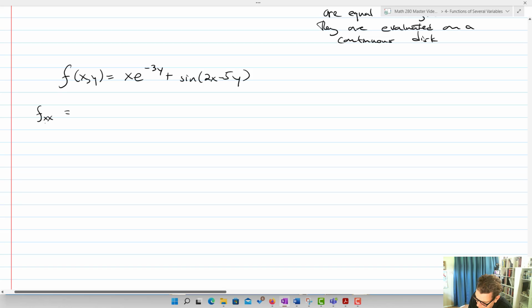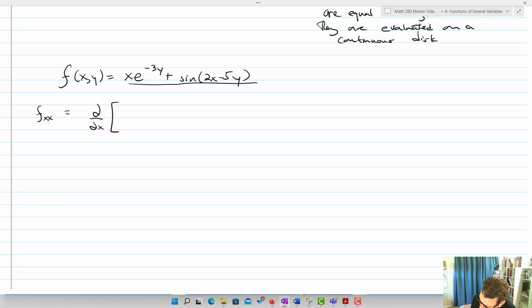I'm going to take the derivative with respect to x. That's going to be e^(-3y) plus cos(2x minus 5y) times 2. Now I'm going to take the derivative with respect to x again.